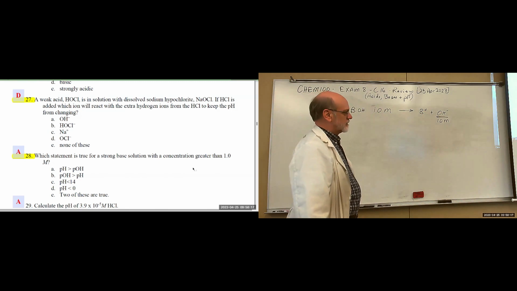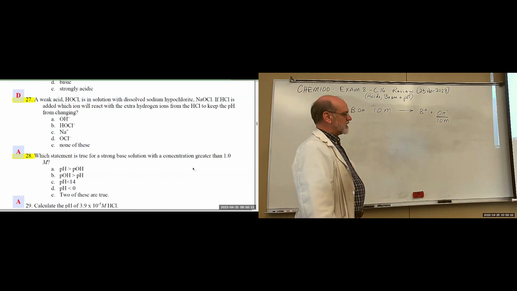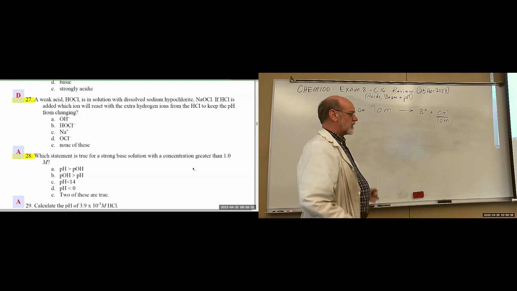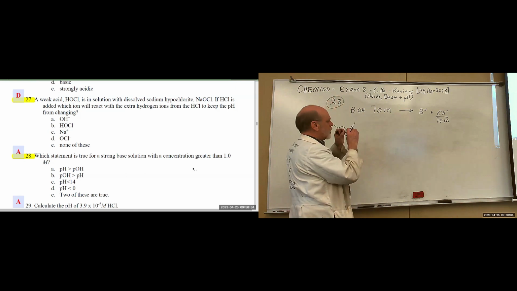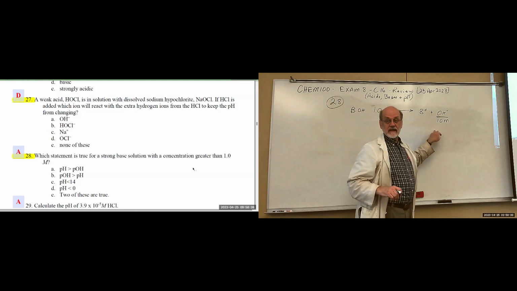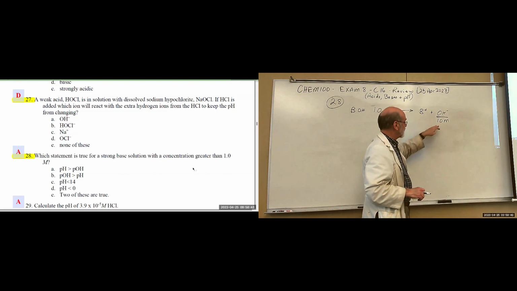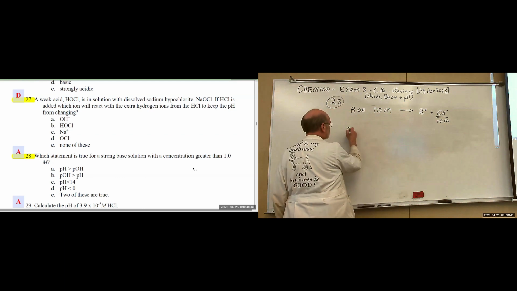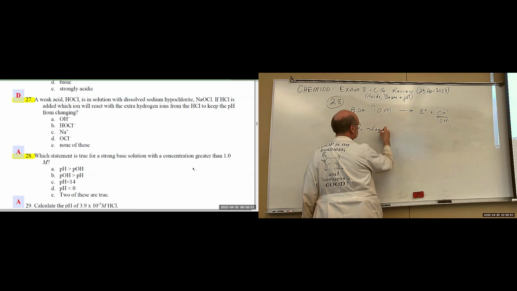Now, what are the questions? pH is greater than pOH. pOH is greater than pH. All right. So what would the pOH be? I mean, that seems to be the type of question they're asking us. pOH would be the negative log of 1 molar.